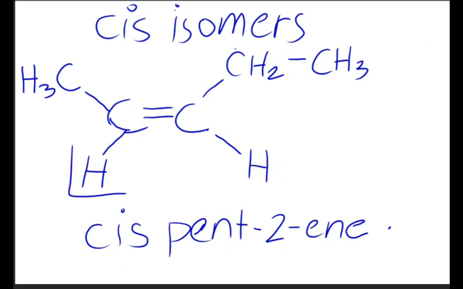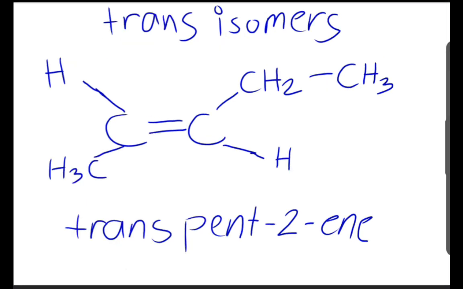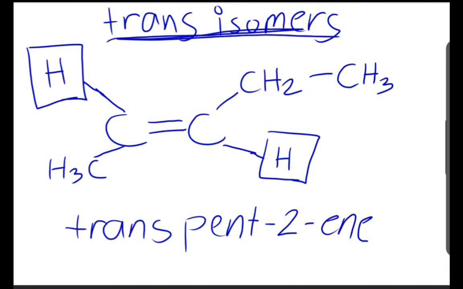Similarly with hydrogen atoms, they are on the same side, which makes cis-2-pentene a crowded molecule. We have the trans-2-pentene. Trans-2-pentene is an isomer of pentene. In this molecule, two hydrogen atoms are connected to opposite sides. Therefore, it can be named as trans.